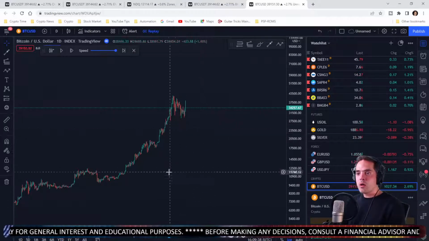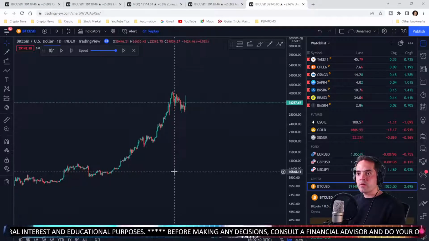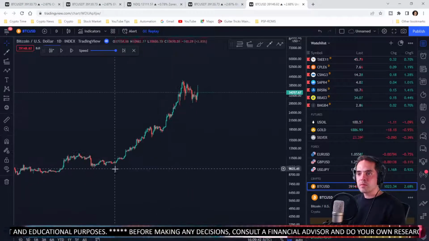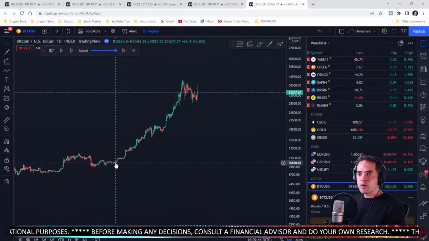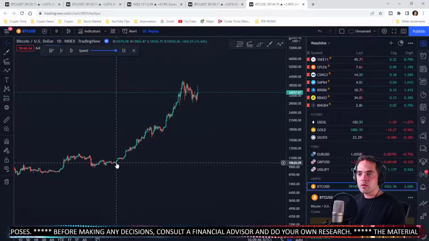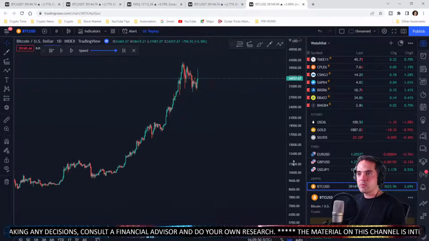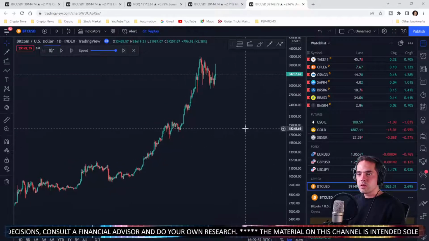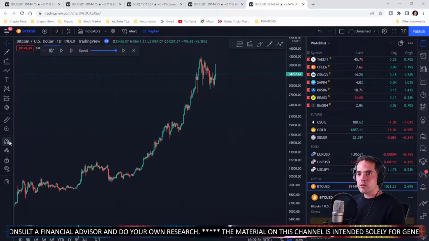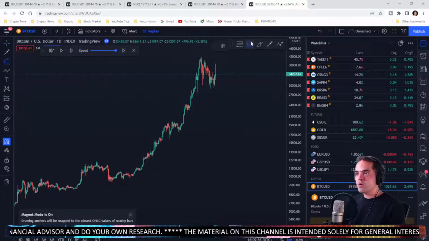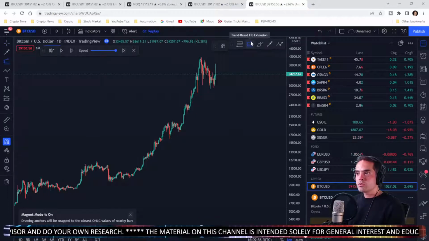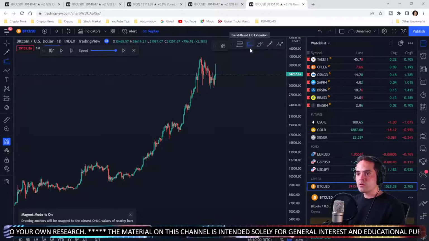I will consider the beginning of this movement somewhere right here. So let's zoom in a bit. I will click on the magnet to help me, and select the tool. So again, the Fibonacci Extension tool.